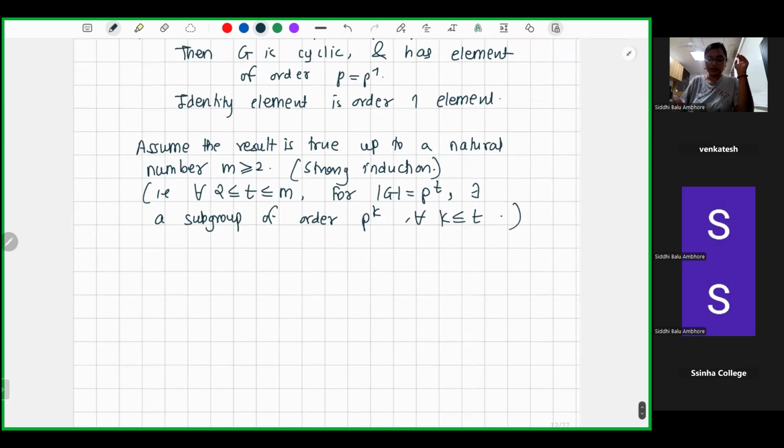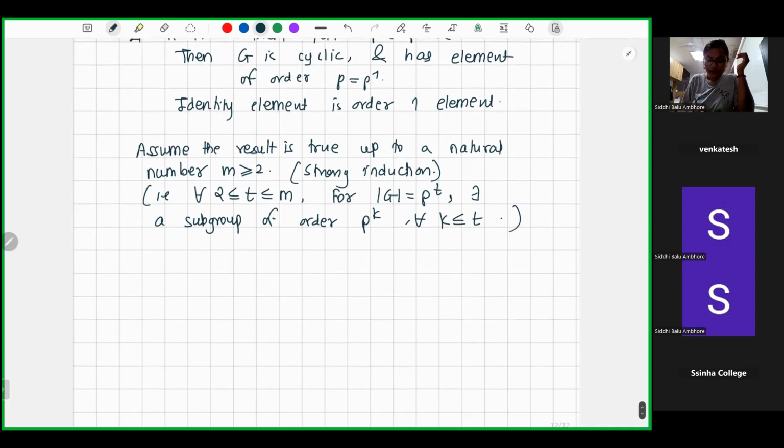This is what the induction statement means. So let G be a group of order p power n plus 1.